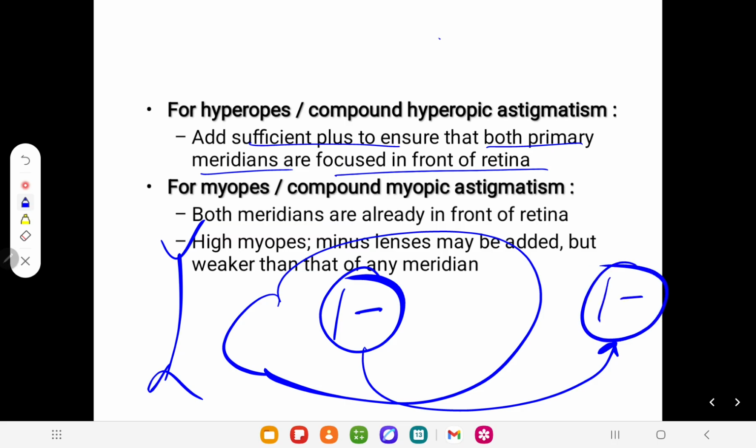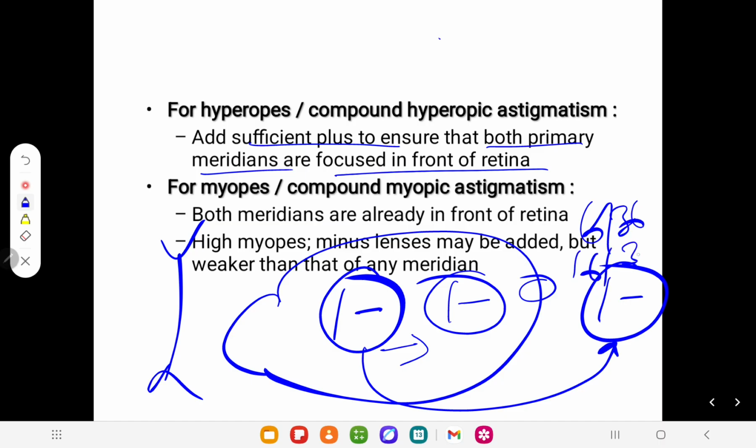That's not fogging. Just put a little bit of minus so it moves somewhere here, not exactly at the retina but in front of the retina, so that vision becomes 6/36 to 6/30 or whatever, but don't push so much minus that it becomes hyperopic. That's not the concept.